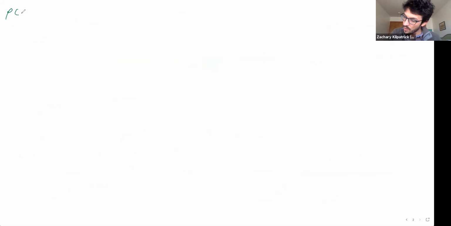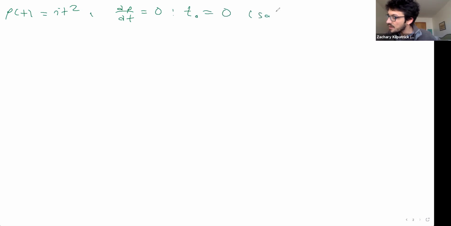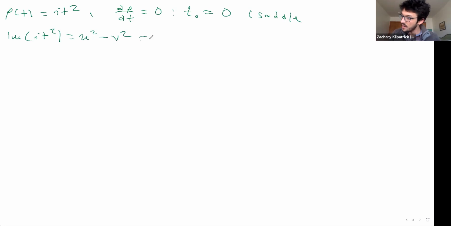Okay, so we sort of wrote this out in that case. Our rho of t in that case is i t squared, right? Or d rho dt equals 0, where t0 equals 0. And this is our saddle point. The imaginary part of i t squared is equal to u squared minus v squared equals 0.